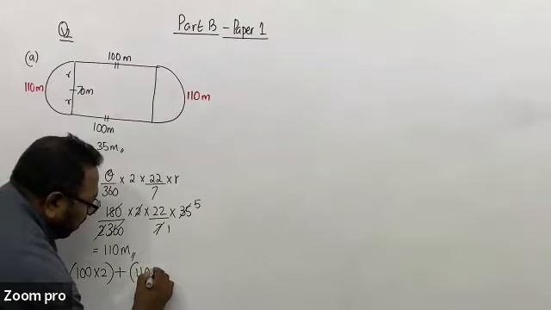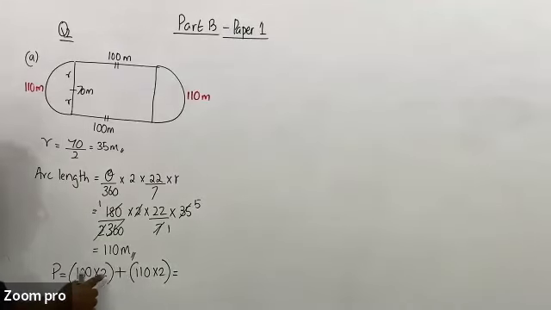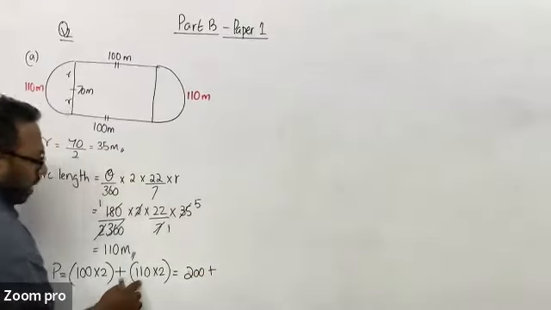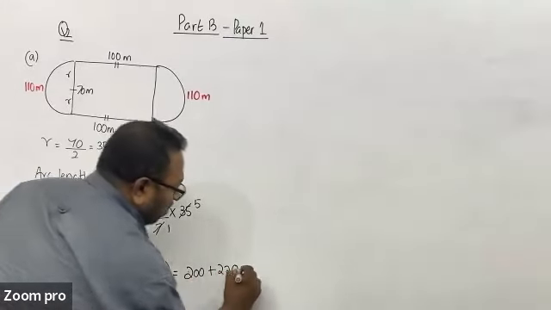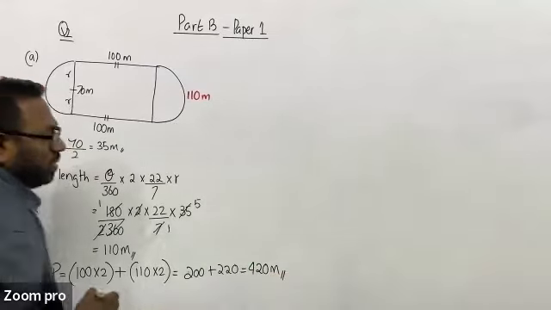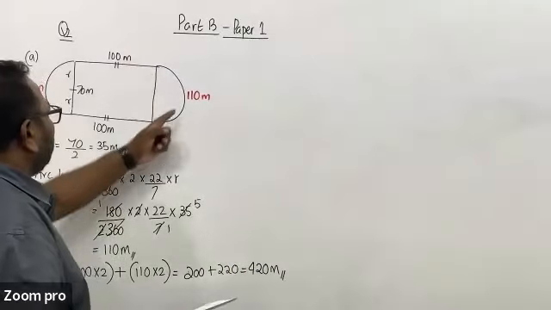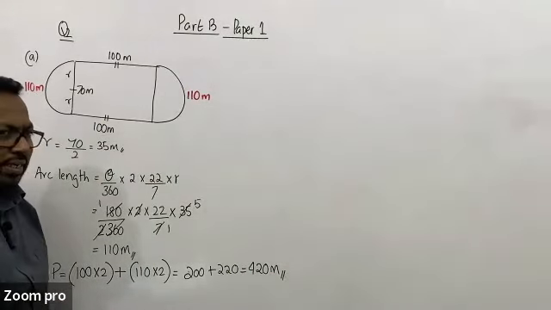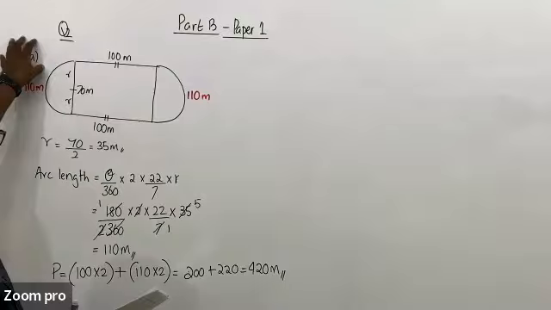So 100 into 2 is 200, plus 110 into 2 is 220. So total length is 420 meters. That is your perimeter, the exterior boundary of this diagram. So 420 meters, that is the answer to question A for you.